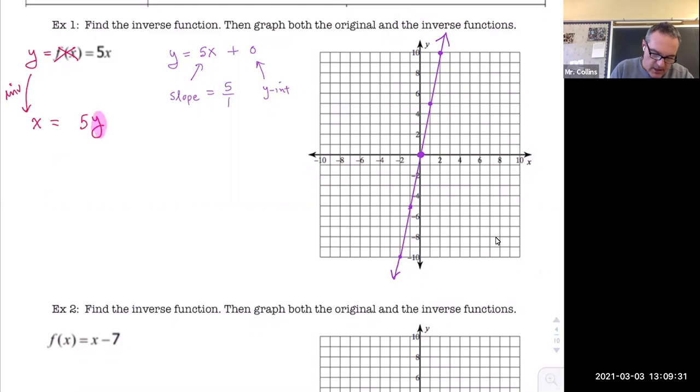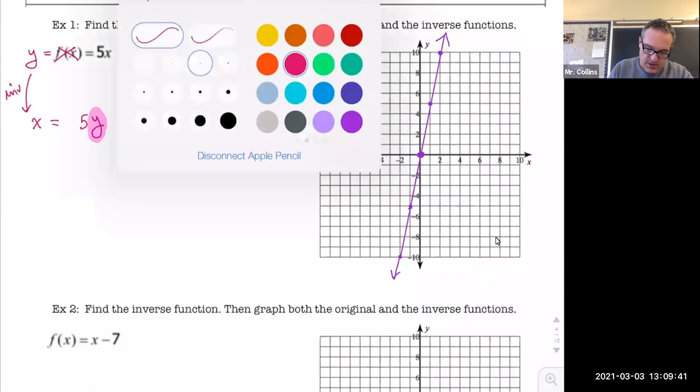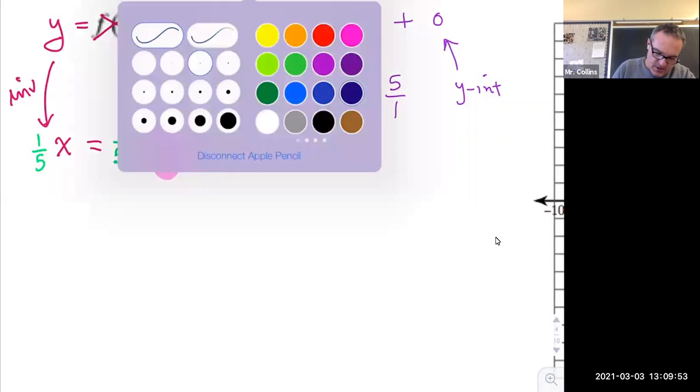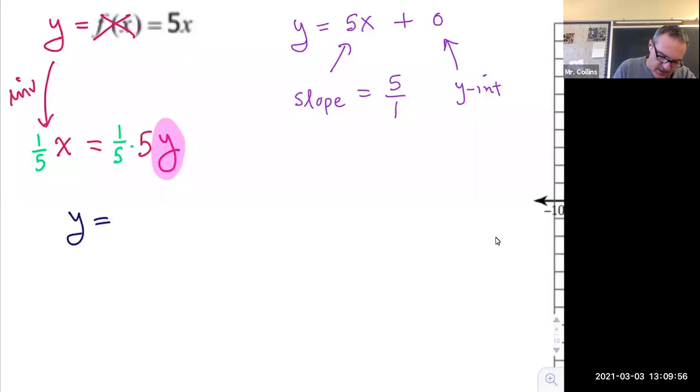And just like your whole math career, we want to get y by itself. So you say, hey, how do you get rid of a 5? You divide by 5, or specifically, you multiply both sides by 1/5. So I'll put a 1/5 here and a 1/5 here. That gets y by itself, and y equals 1/5 of x.